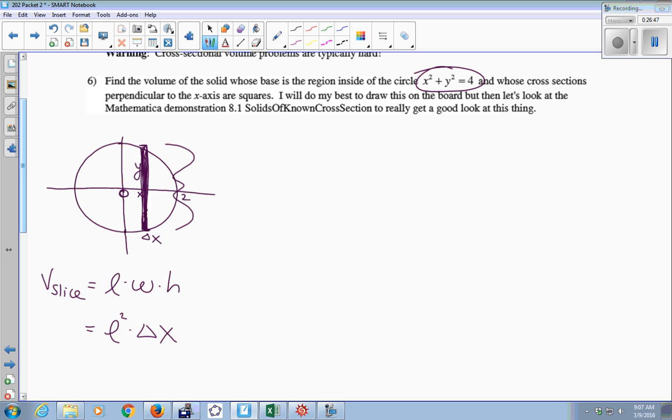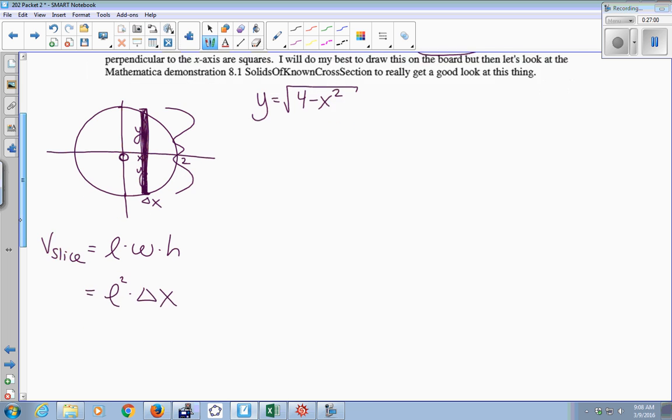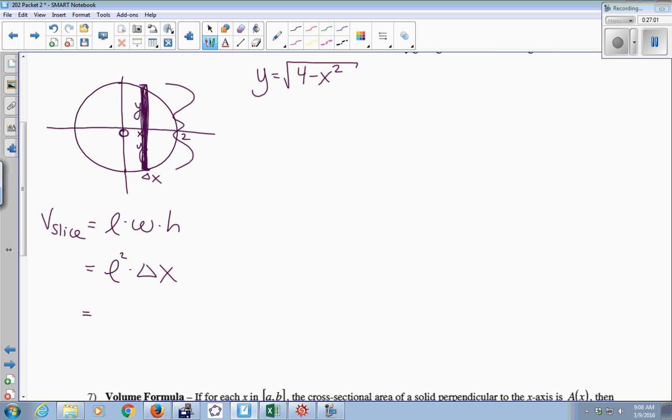So I know that y is the square root of 4 minus x squared, but then I have to double it because that's y and that's also y. Double it to get the whole length. So my length is 2 times the square root of 4 minus x squared. Square that, because I have to do the length times the length, and then times delta x.